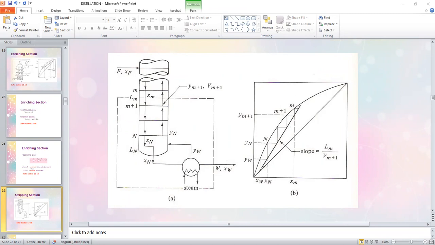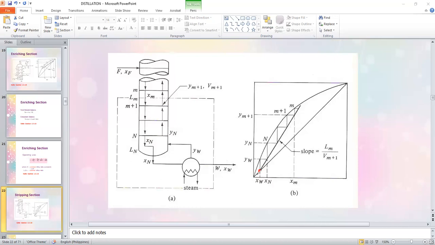So that's your X sub W. This mole fraction, together with the mole fraction in the distillate, is given most of the time in the problem, both that of the distillate and the bottom's liquid. You project it up and also make it rest on the 45-degree line.